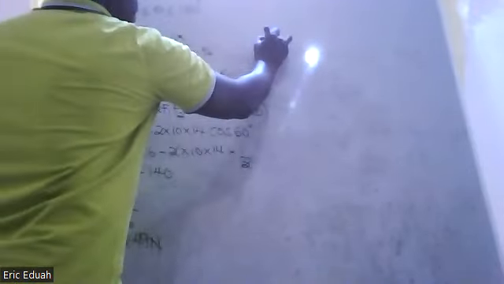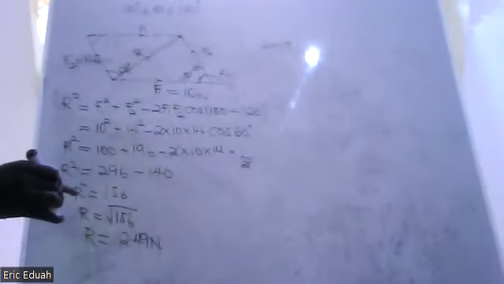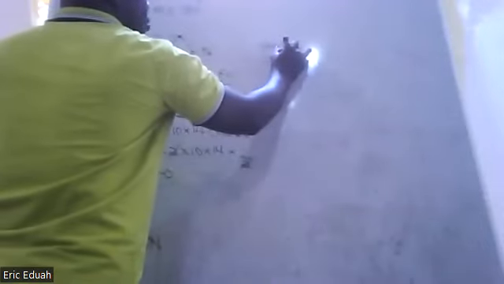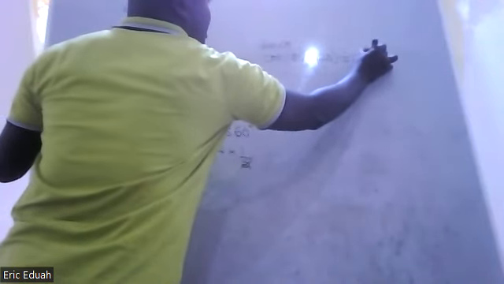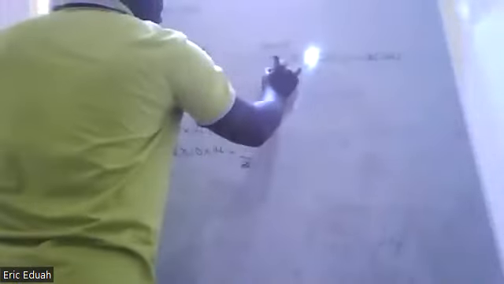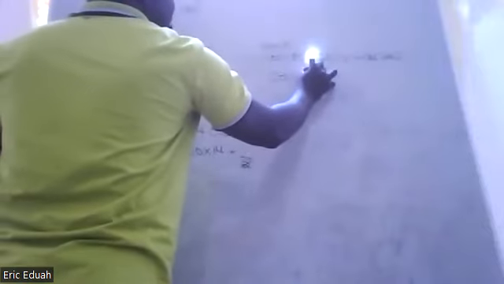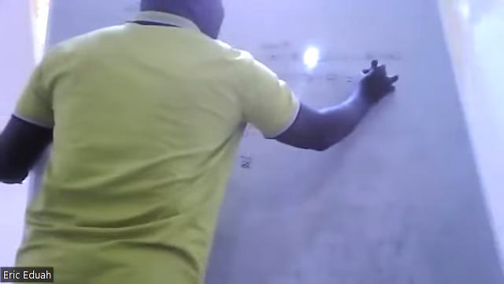Now, since cos of 180 minus 120 is equal to negative cos 120, don't forget, I'm quoting this from cos 180 minus theta is equal to negative cos theta, the relationship, the equation we proved.